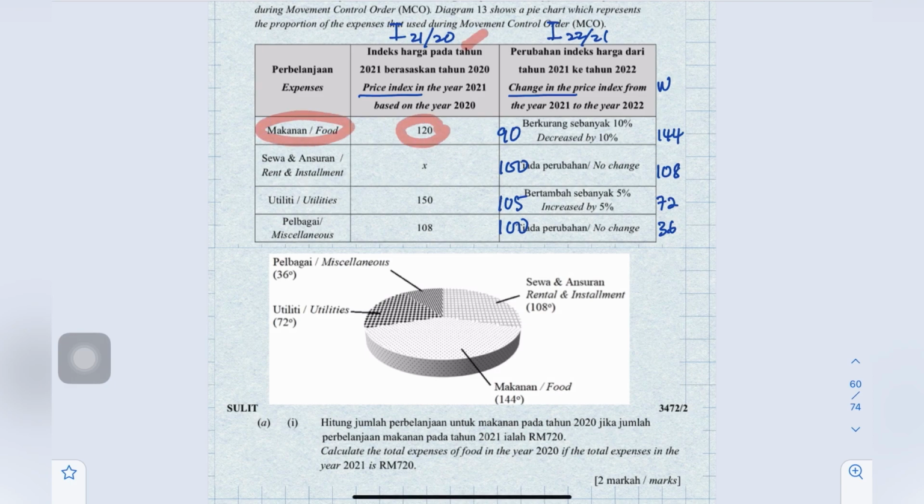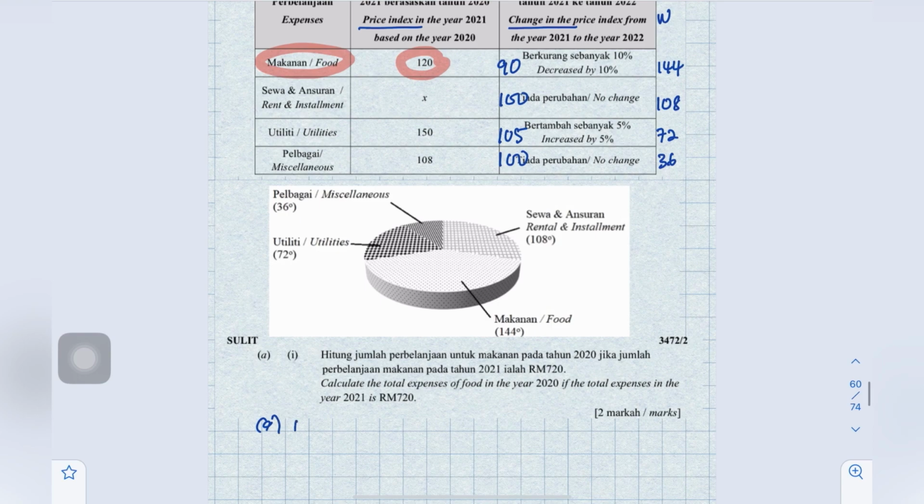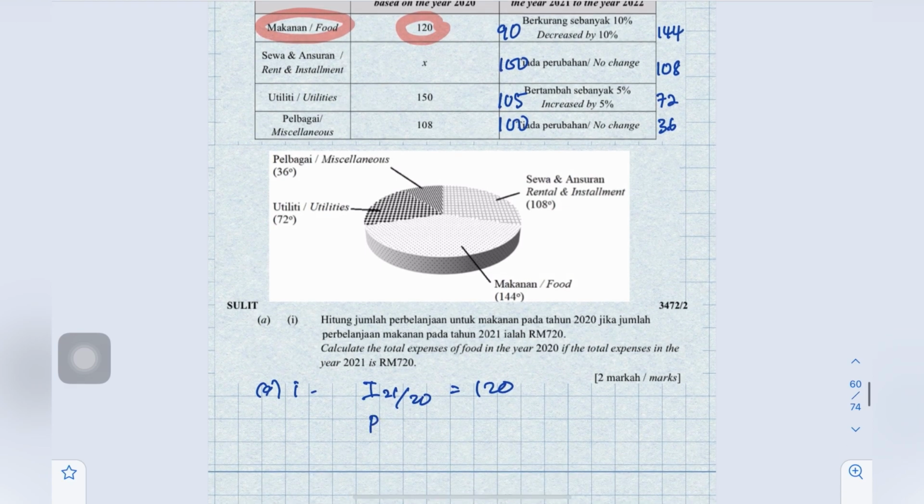So I 21 base 20 is 120. So A, Roman 1, I 21 base 20 equals to 120. Jadi formula dia P21 divided by P20 times 100 equals to 120.